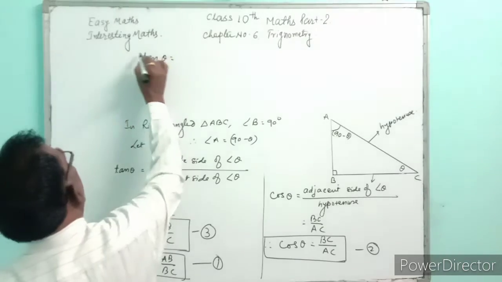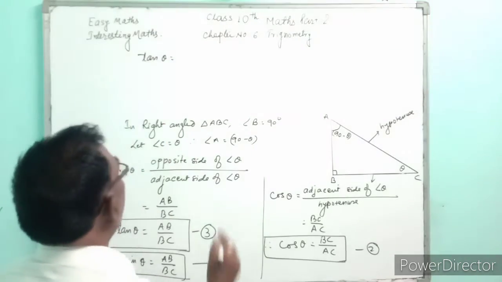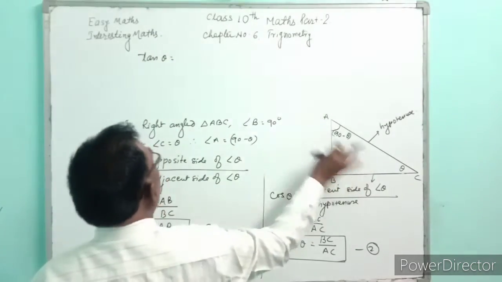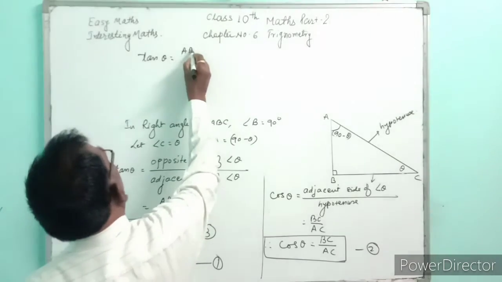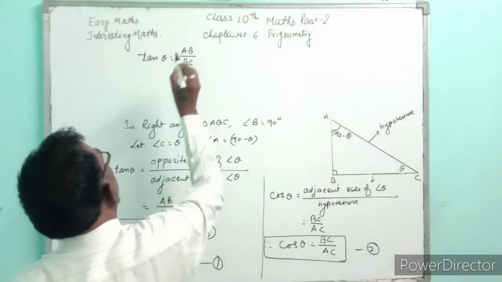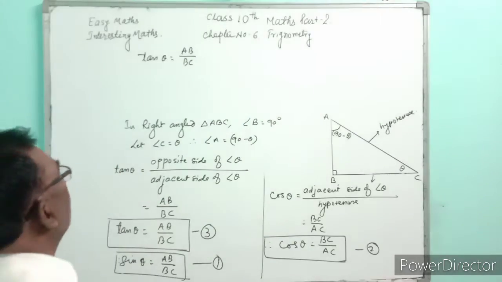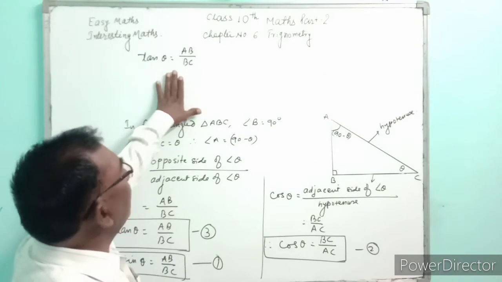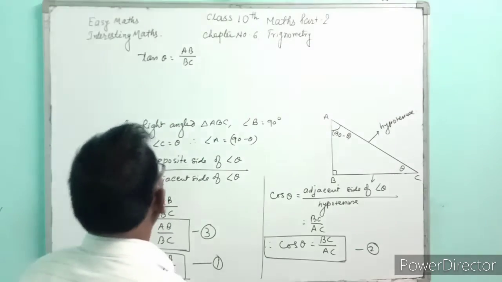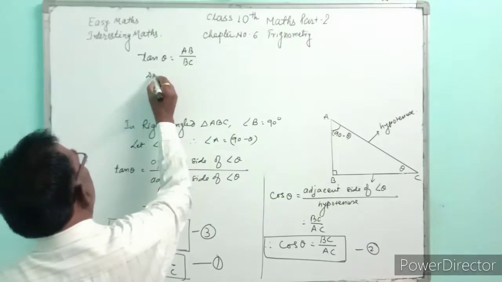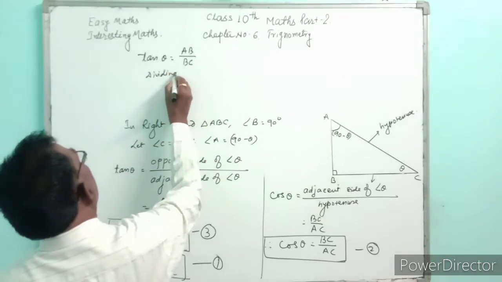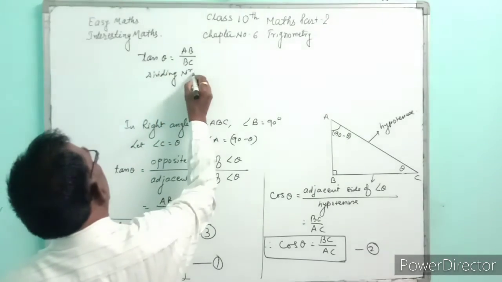tan theta is equal to AB by BC. From the same figure, AB by BC. We will divide numerator and denominator by AC.